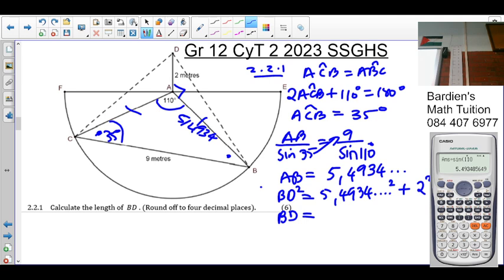That gives you 34,17838 and the number carries on. I'm going to take the square root thereof, which is 5,84622. So it's 5,846 meters.